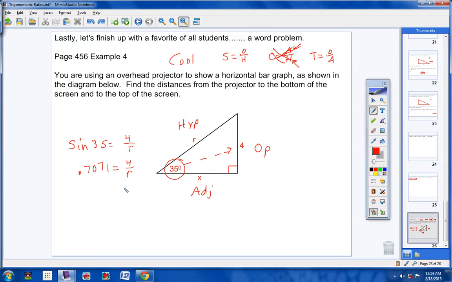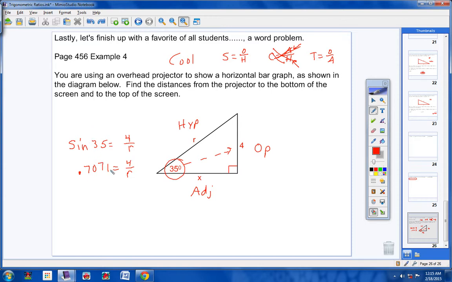Now, remember from Algebra 1 and Algebra 2, if you're trying to solve for R and it's in the denominator, multiply both sides by R because you want to get rid of your fraction. Whatever your denominator is, you multiply both sides by your denominator. If the R was up here and the 4 was down here, you would multiply both sides by 4.